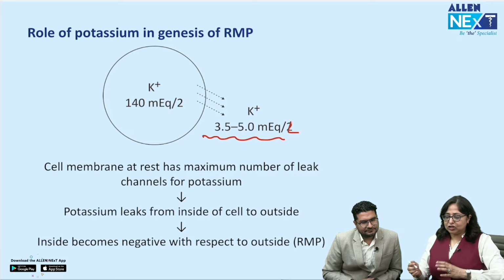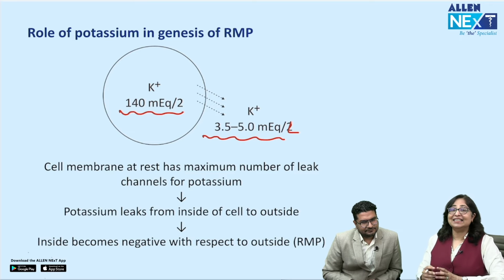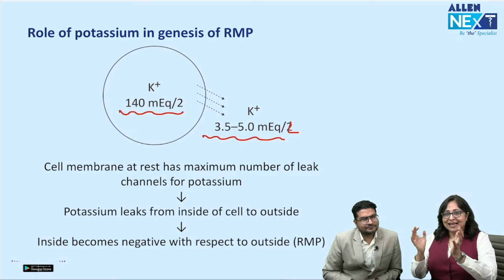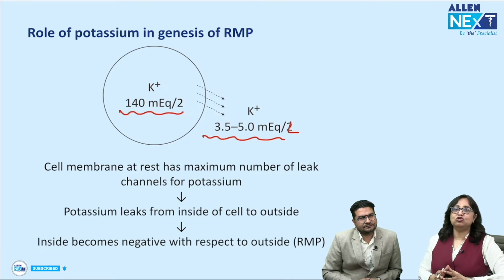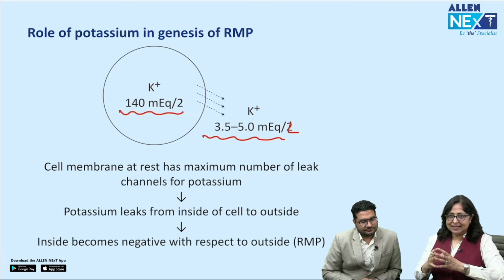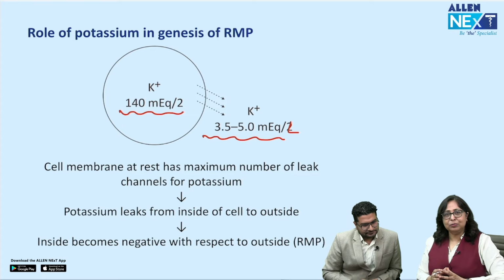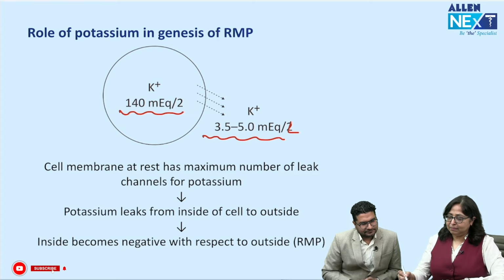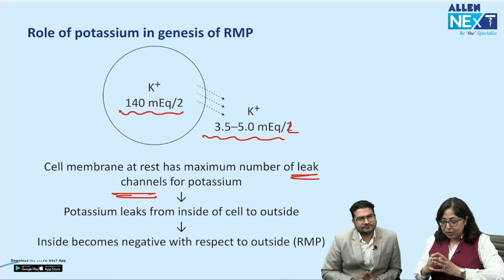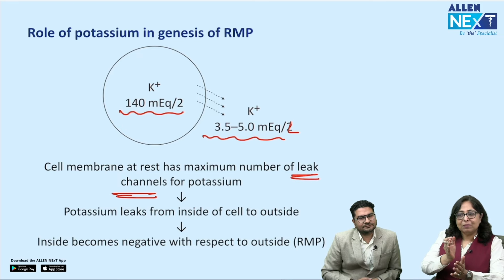Potassium is in a higher concentration inside the cell, and the cell membrane is highly permeable to potassium at rest. When I say a cell membrane is permeable to potassium at rest, that means the maximum number of leak channels which are open are those for potassium, because of which potassium will move from higher to lower concentration.